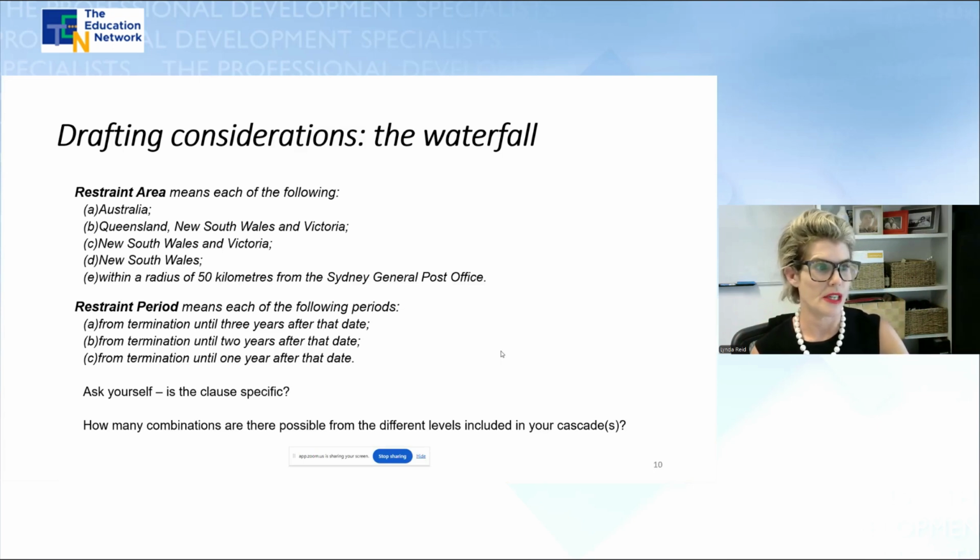So I could be restrained in Australia for 3 years, or I could be restrained in New South Wales and Victoria for 1 year. But looking at the number of different combinations that are going to be possible from combining or using those different elements of the different waterfalls against each other, or being able to create those different types of tests, even when you're just using that blue pencil test and striking part of it out.